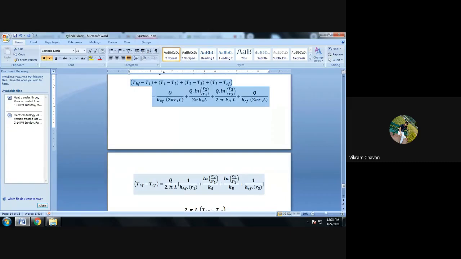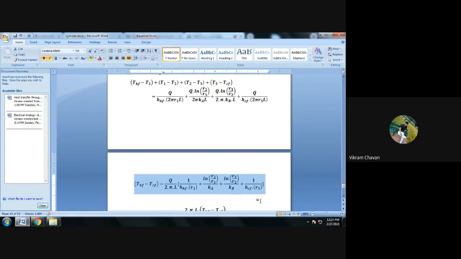And inside the bracket what remains? From the first term only 1 divided by H suffix HF multiplied by R1, plus from the second term ln of R2 divided by R1 whole divided by K suffix A, from the third term plus ln of R3 divided by R2 whole divided by K suffix B, plus from the last term 1 divided by H suffix CF multiplied by R3.